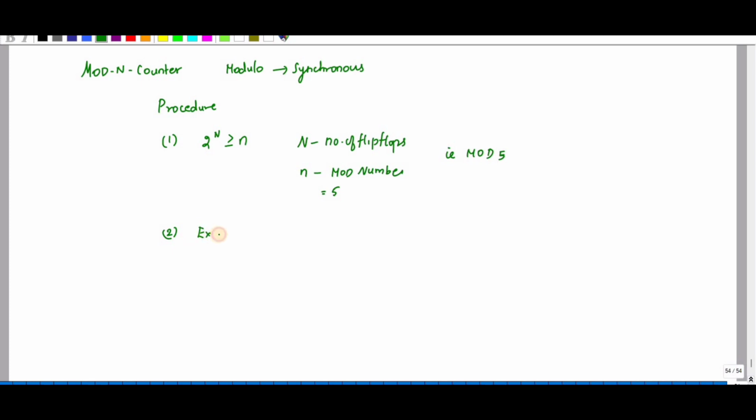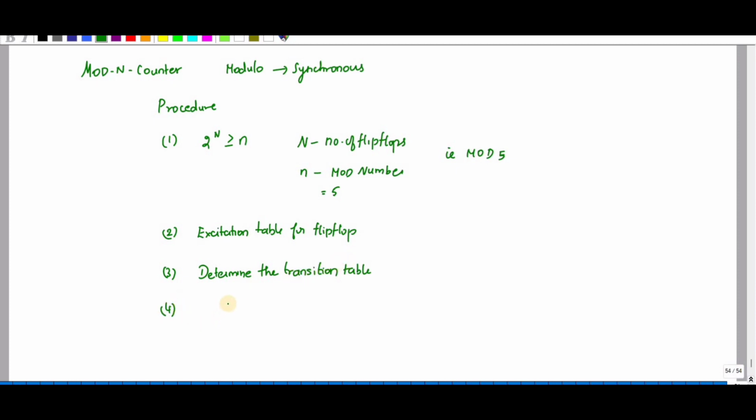Second step is to write the excitation table for the flip-flops which we are going to implement. Next, determine the transition table using the given condition and the excitation of the flip-flops.